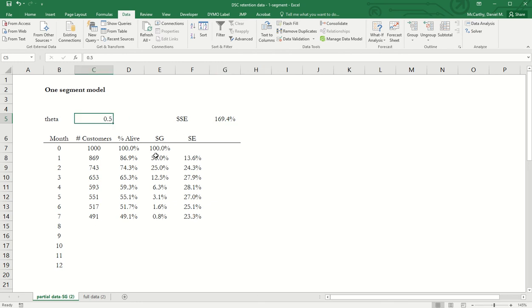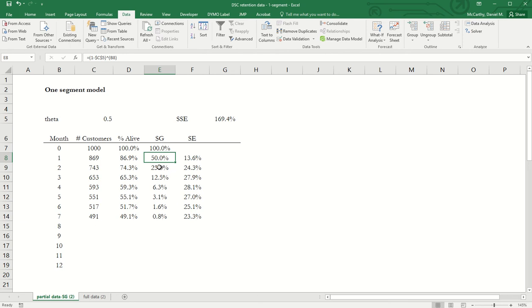Now, these figures represent the percent of the cohort that I expect to be alive in subsequent months, assuming that theta, which is the probability of churn, is 50%. So obviously, if the probability of churn is 50%, then in month 1, I'd expect that 50% of customers are alive.